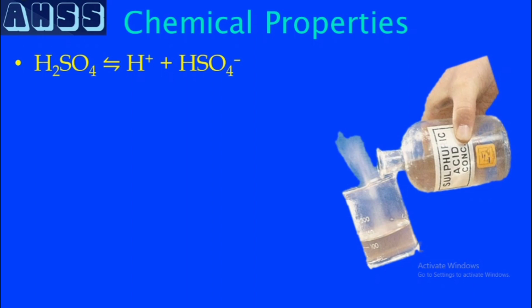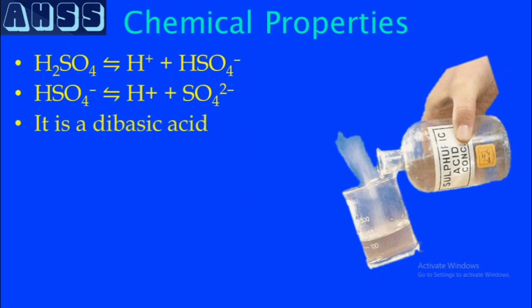But in presence of water, when it is dissolved in water, it dissociates in two steps. The first one you can see, sulfuric acid dissociates to give hydrogen ion and hydrogen sulfate ion. Again, in the second step, hydrogen sulfate ion dissociates to give hydrogen ion and sulfate ion. As it ionizes in two steps, it is a dibasic acid.